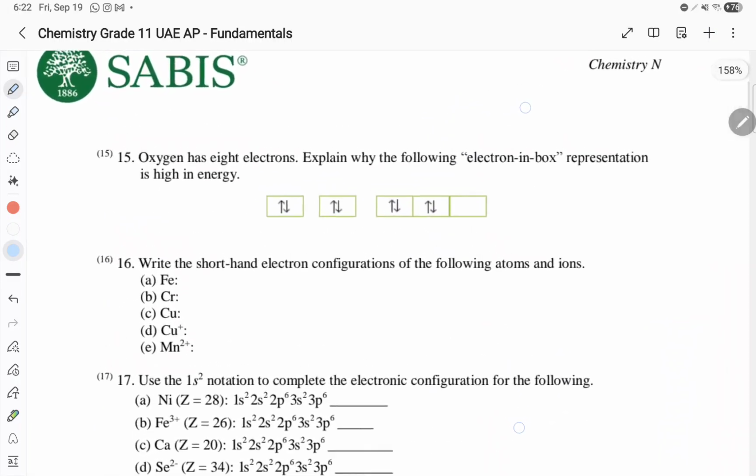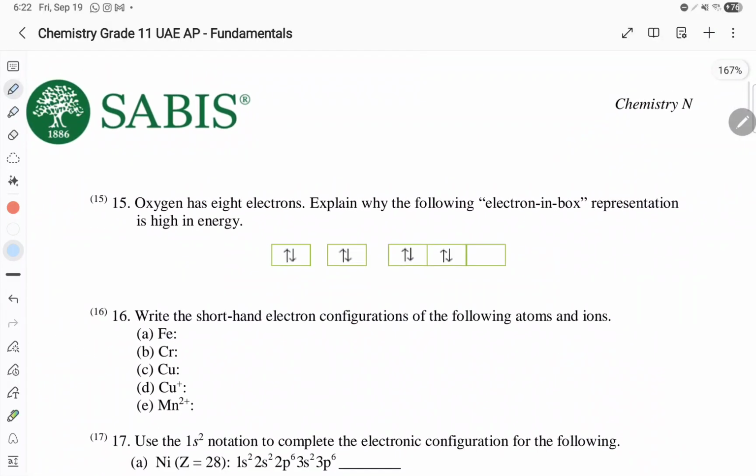Moving on to the next question. So now oxygen, it has 8 electrons. Why is it high in energy? Now, this drawing is wrong because it's high in energy because this is not the ground state. Because like I said, according to Hund's rule, the orbitals must occupy the maximum number of unpaired electrons having the same spin before you start adding the other ones.